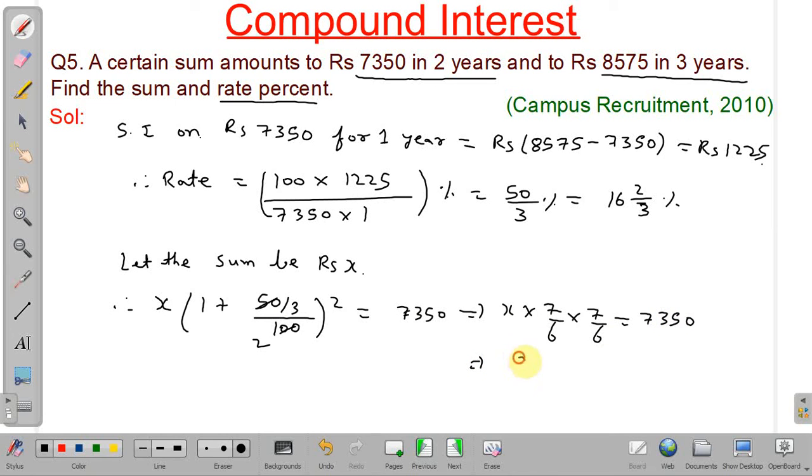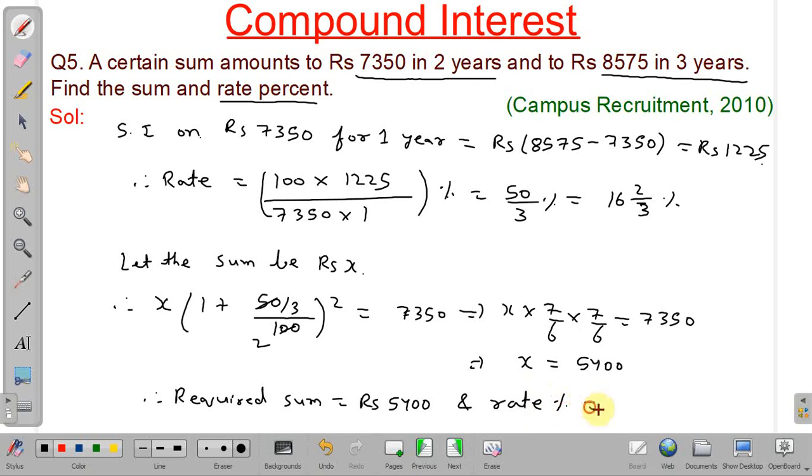Calculating, we can find the value of x and we will get rupees 5400. Therefore, the required sum is rupees 5400, and the rate percent is equal to 16 by 3 percentage. So this will be our answer.